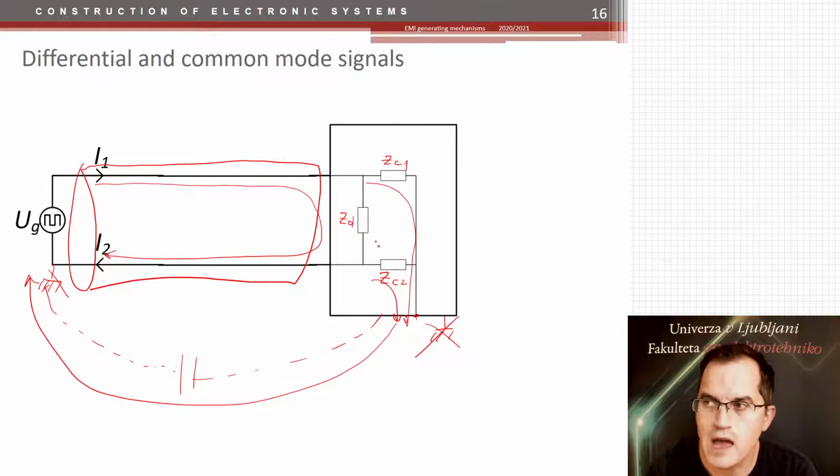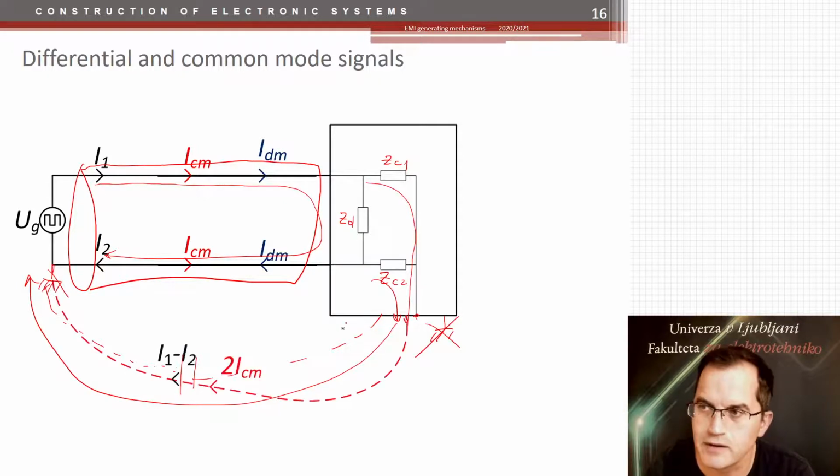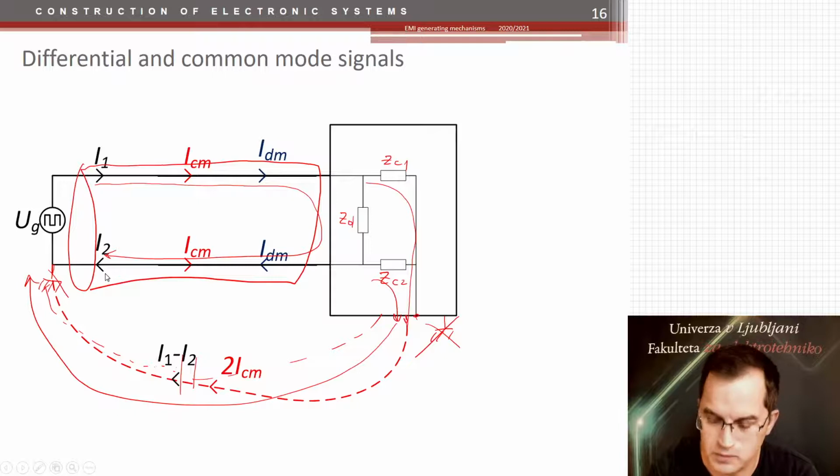So if you have a third current, you can divide this current into two portions. You can say this current is actually a combination of common mode and differential mode current. If these two currents are not the same because there is a third path running back, then you have a difference between I1 and I2.